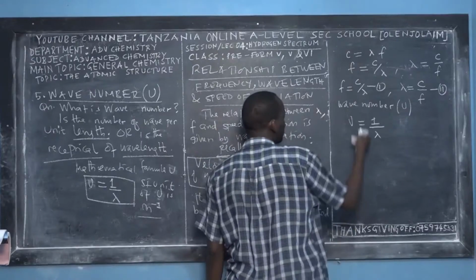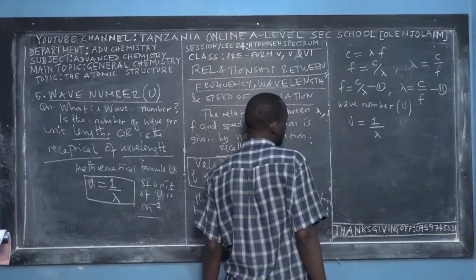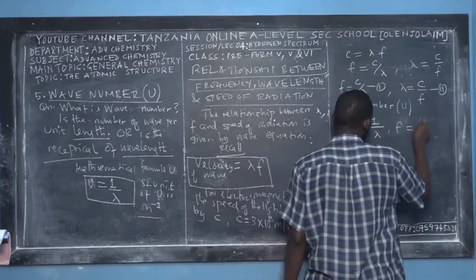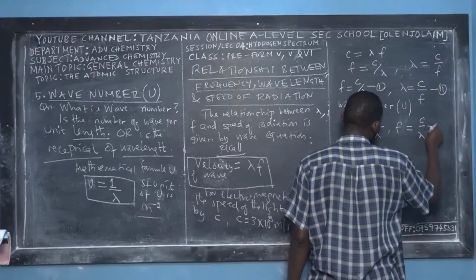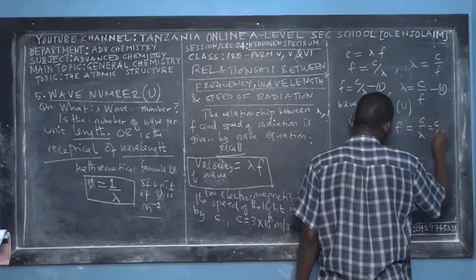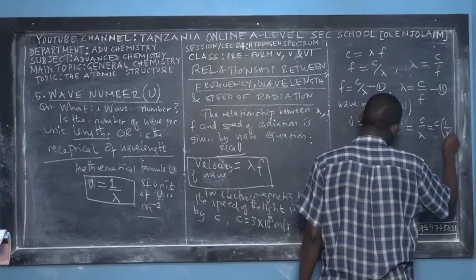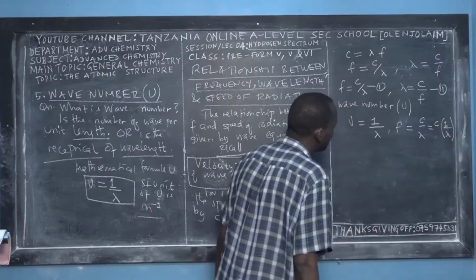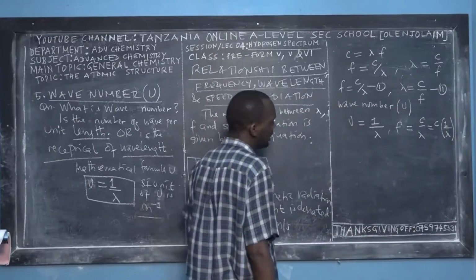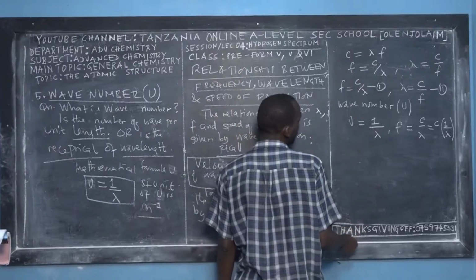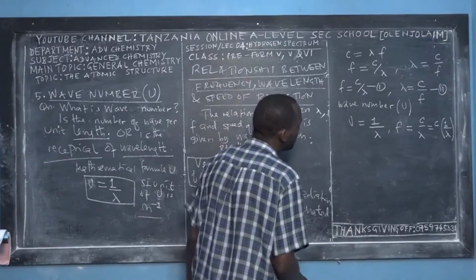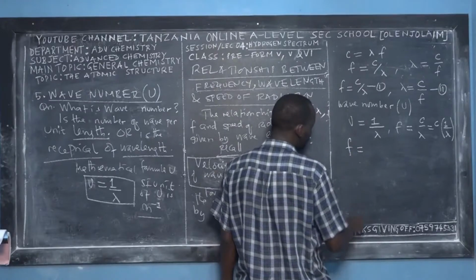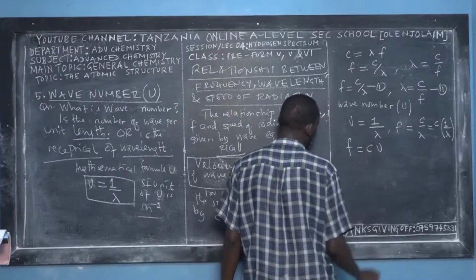So for example, from equation 1, frequency is equal to the speed of the light over wavelength. So this is equal to the speed of the light times 1 over wavelength. That is the meaning of frequency. So you can also say frequency will be equal to the speed of the light times wave number.